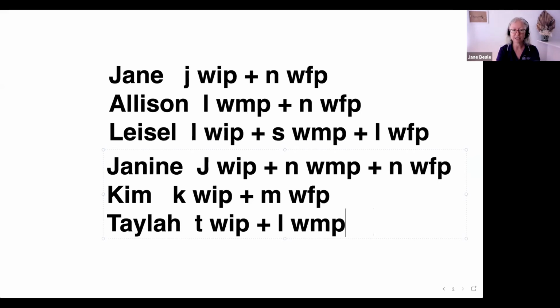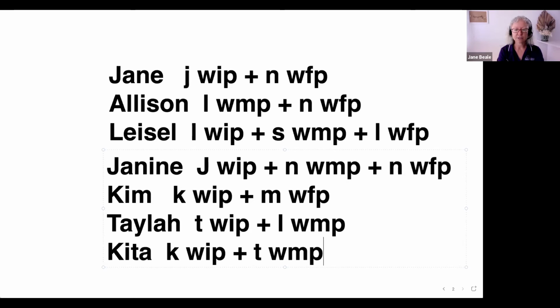We're not referring to vowels as well. Kita, we can see we've got a K in word initial position and a T in word medial position, but no consonant on the end because your name ends with a vowel. K, E, T, A. So initial K and medial T.